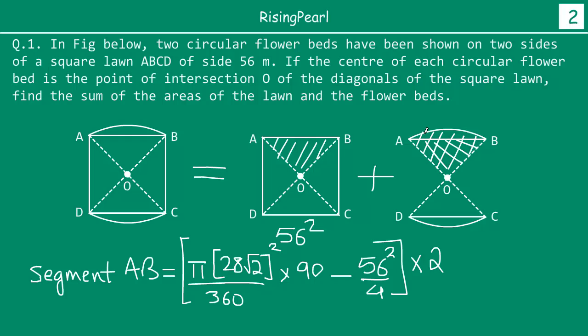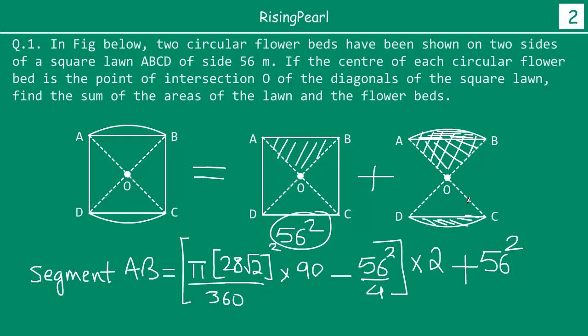So that means we have now found out this area and this area, and to this we add 56 square. So this is going to be the final answer.